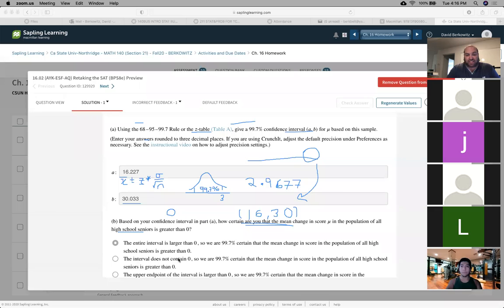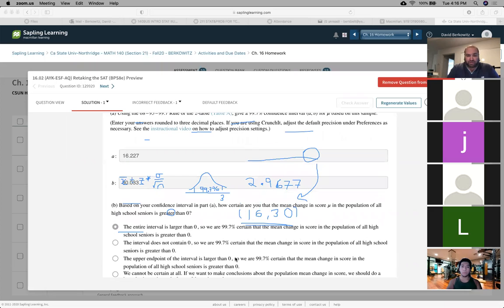So this does not contain 0. Does not contain 0 is not enough, because if I would have landed on the other side, it also would not have contained 0. The fact is that the interval is way bigger than 0, so it's larger than 0. That's the key. Not that it doesn't contain 0, but it's larger than 0.